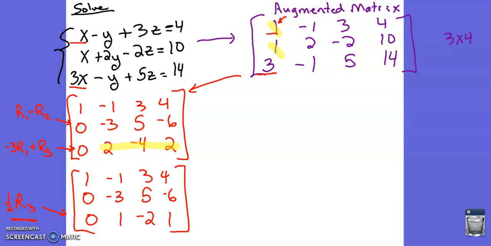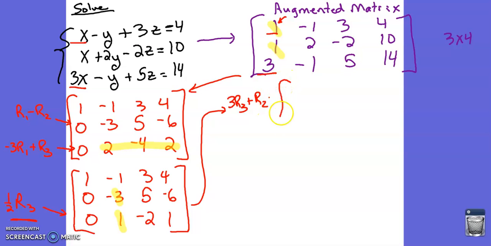Now, what I'm going to try to do now is cross these guys out, and so I'm going to multiply the third row by 3, and then I'm going to add it to row 2. So that's what I'm going to do, and I'm going to come up here. So I'm literally going to take 3 times row 3, and I'm going to add it to row 2.